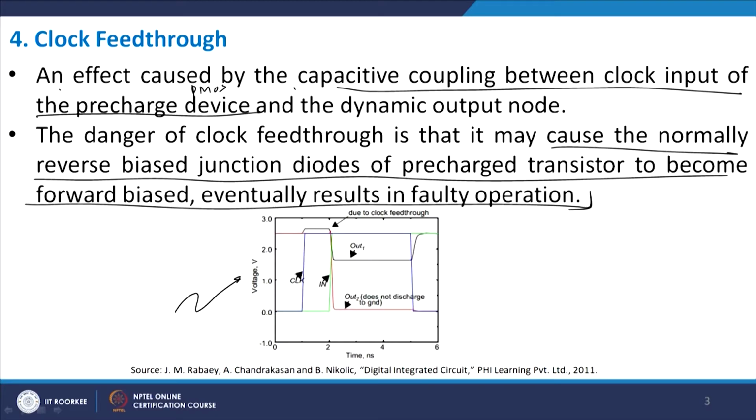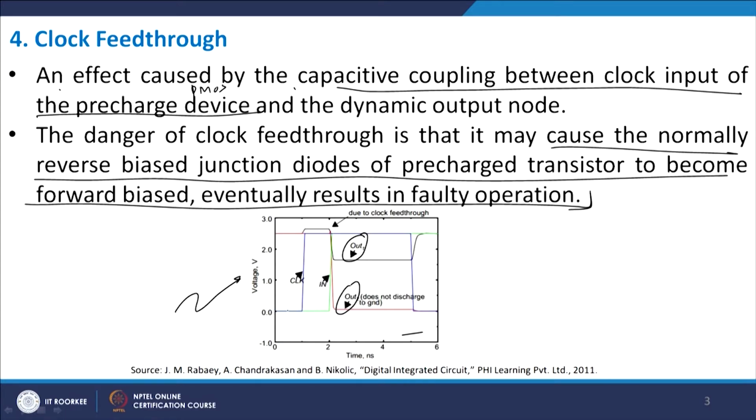If you look at this figure, this is time versus voltage. The violet or blue curve is basically your clock, the green is your input, and you have got two outputs, out 1 and out 2, which I will explain to you, and this is primarily because of the clock feed through. Now, let us look at when the clock goes.